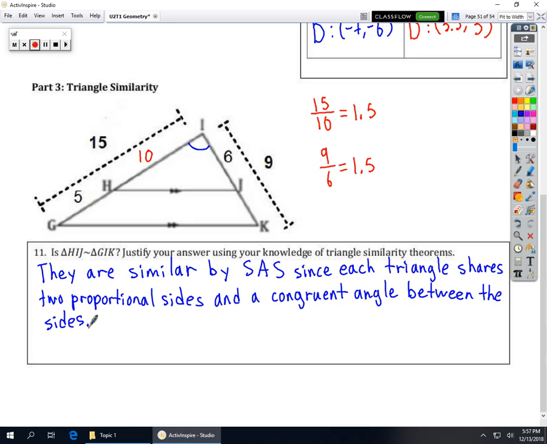So this is an example of the SAS rule, or theorem, postulate, whichever word. So you got to check the sides are proportional and look for any congruent angles.